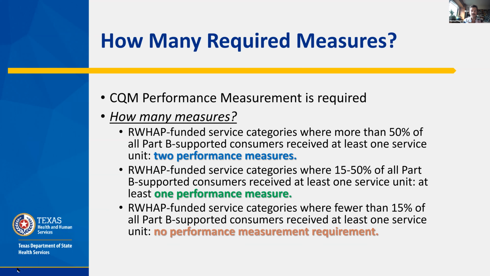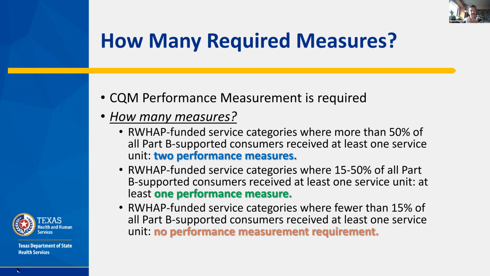If it's between 15 and 50, one performance measure. If we have a funded service where fewer than 15% of the clients receive at least one service, then no performance measurement is required.